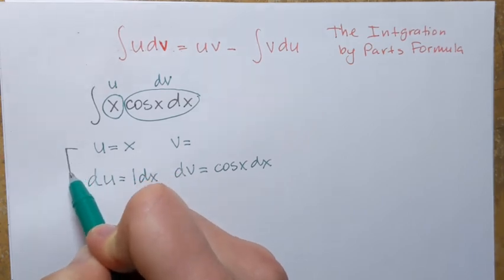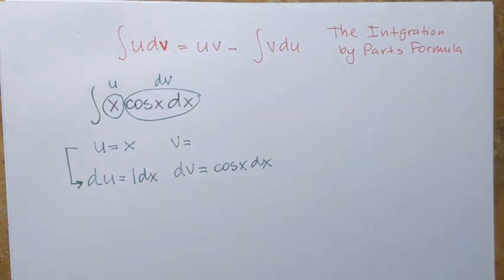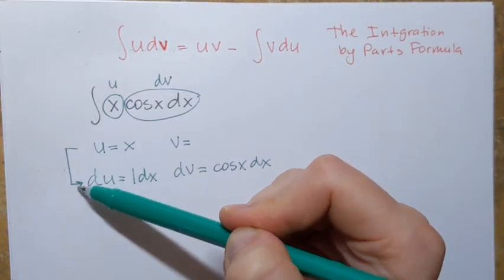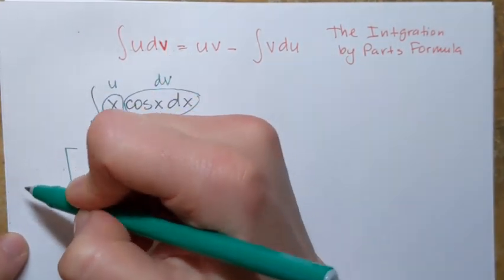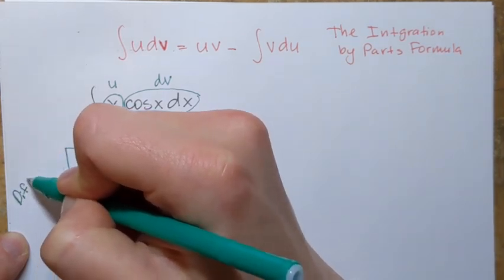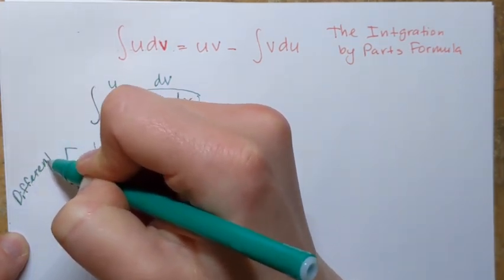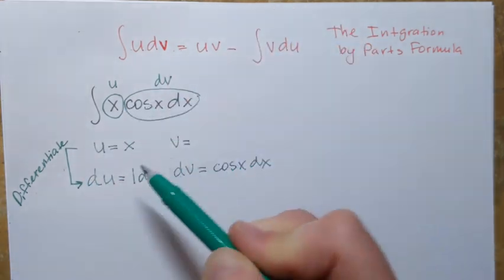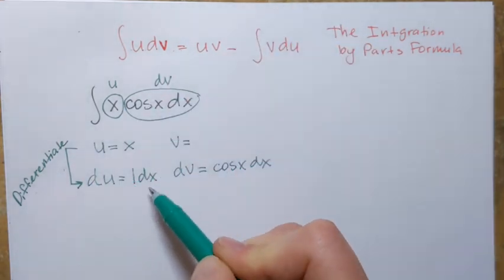So going this way, we need to differentiate. Knowing u, to find du, you differentiate.